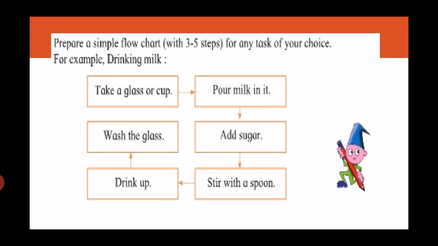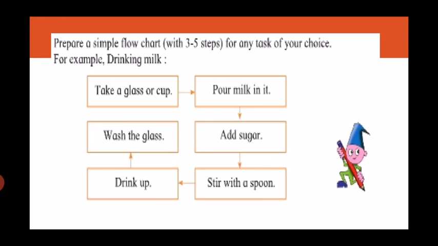So what is your second step? You will pour milk in the glass. In this way, draw another arrow to move to the third step and write the third step in the third box. So the third step is you will add sugar to your milk.